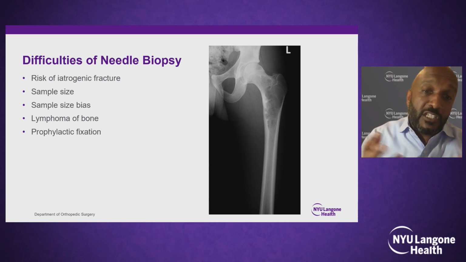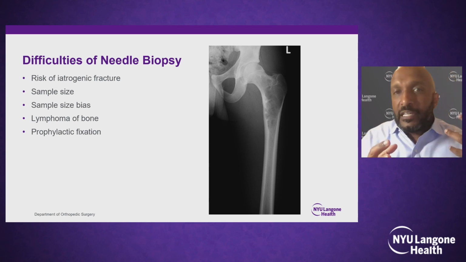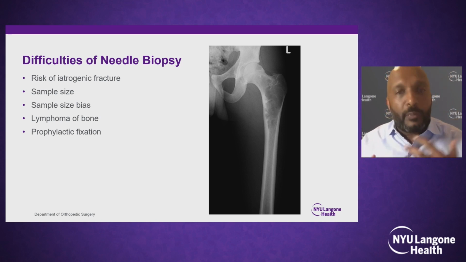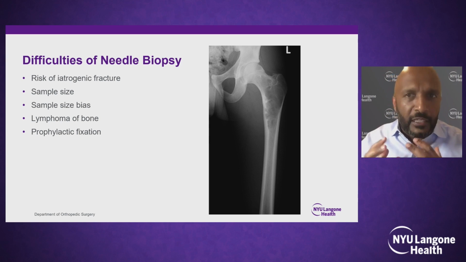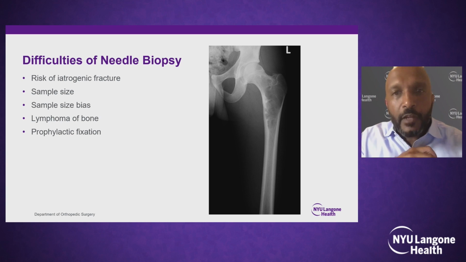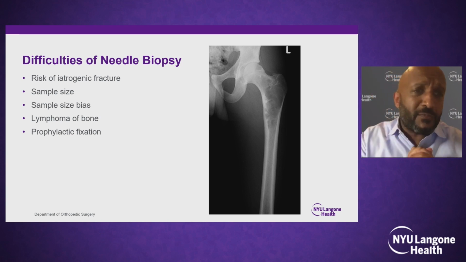You may think that this lesion is benign, but there may be a de-differentiated, more malignant portion elsewhere, and there's really nothing we can do about that except plan accordingly and have good preoperative planning before you go in.